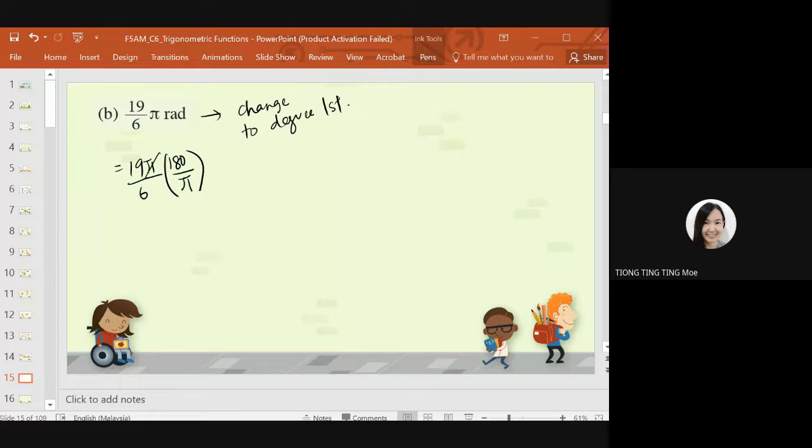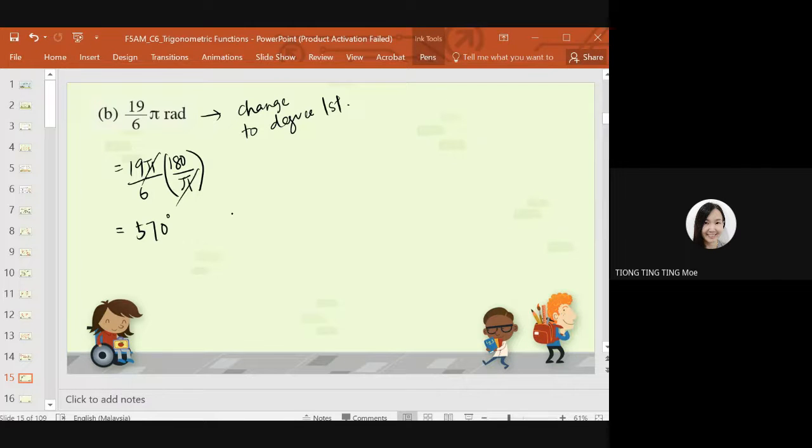Macam tu. So simplify. Sudah cepat dapat jawaban. Slow and steady. 19 times 180, 3, 4 through all. Divide by 6. So you get 570 degree lah. We change to degree first because we used to in degree lah.